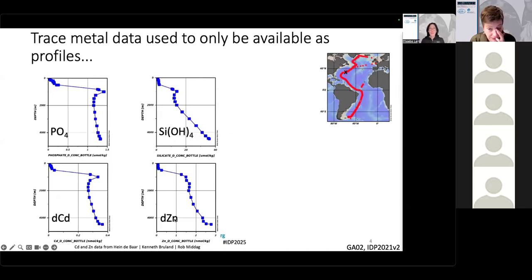So we still do get a lot of richness in understanding, or at least observation, from one-dimensional data sets, but really having the two-dimensional, three-dimensional distribution can enrich our understanding as it does for major nutrients.